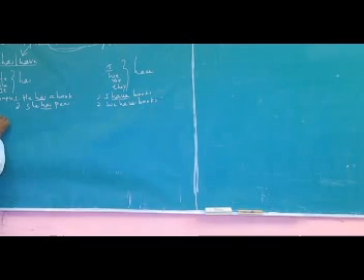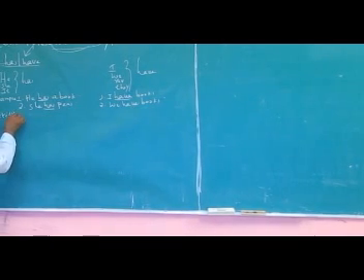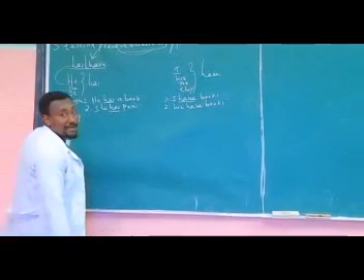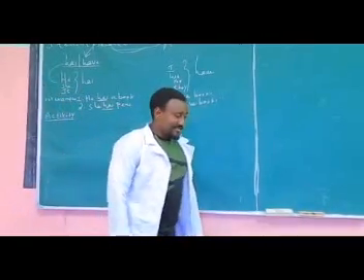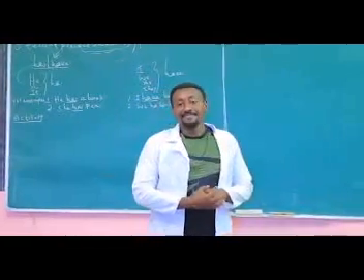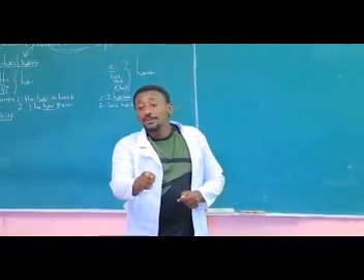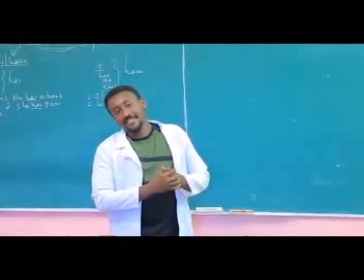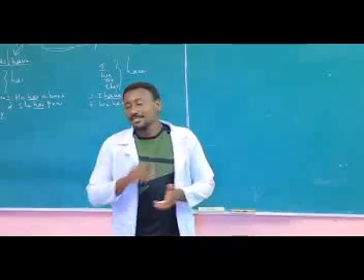Now, I want to give you an activity, because the teaching learning process should be in the communicative approach. I don't want to tell you only the rules. You learn when you make mistakes. Don't forget to make mistakes.